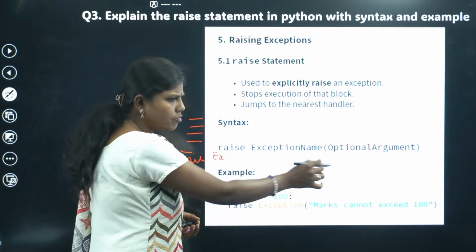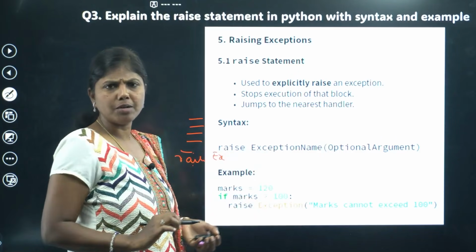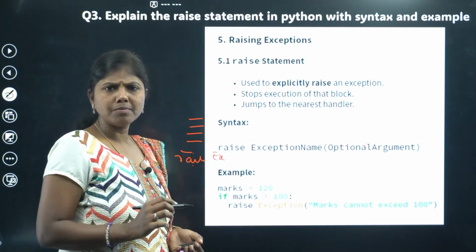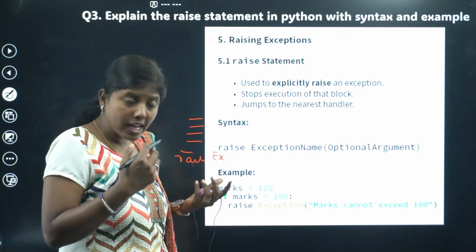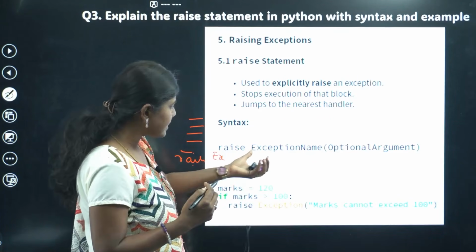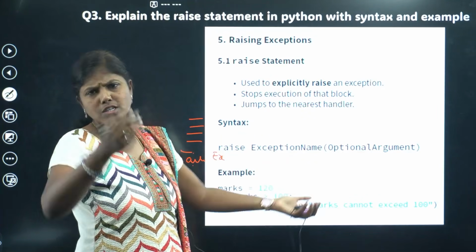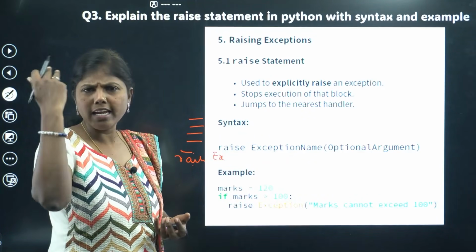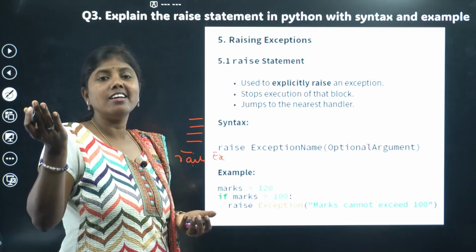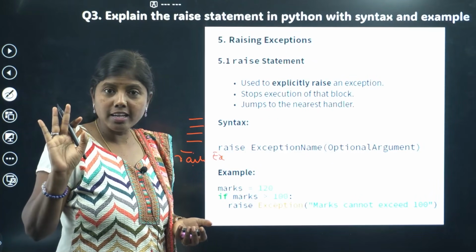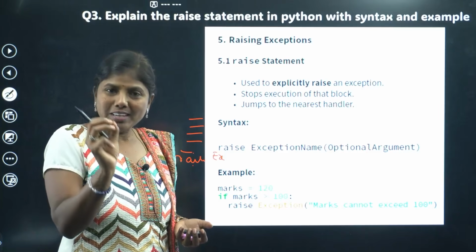Raise exception, for example, raise ZeroDivisionError, raise ValueError. Whatever the exception name, you have seen so many built-in exceptions, any kind of exception name you give, it just raises that. No need to have a condition.